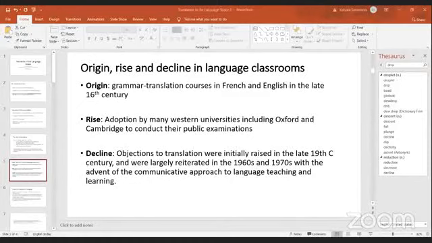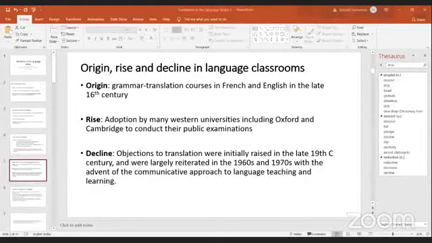Jespersen and Henry Sweet propounded the primacy of speech, because the translation method focused on writing being primary. But now, in the direct method, in the communicative approach, speech became primary.